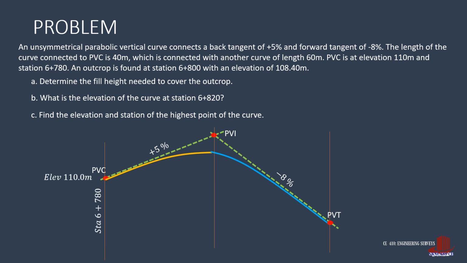Those are elevation of 110 meters and station of 6 plus 780. The first curve has a length of 40 meters, and the second has 60 meters. Apart from this data, there is also an outcrop at station 6 plus 800, with an elevation of 108.4 meters.